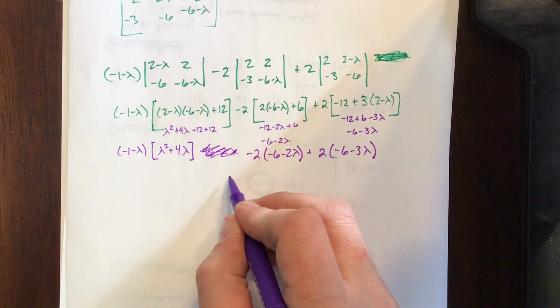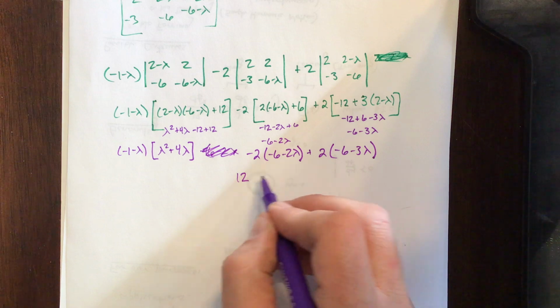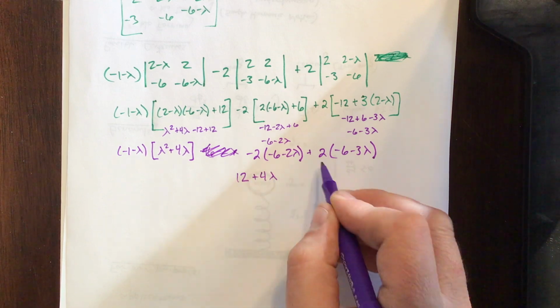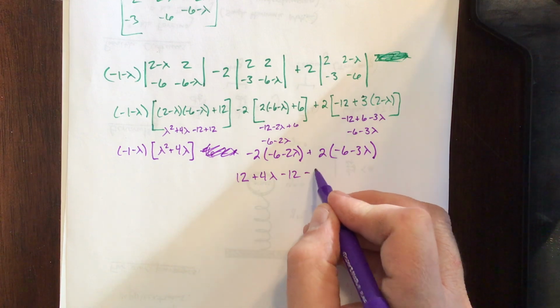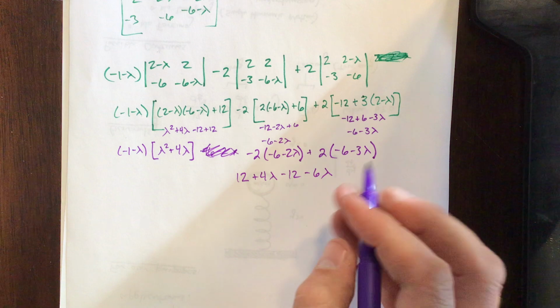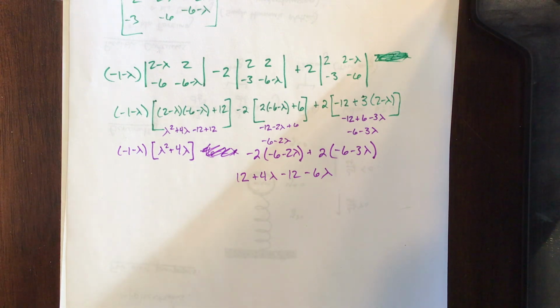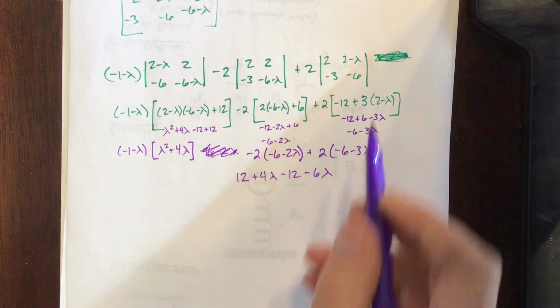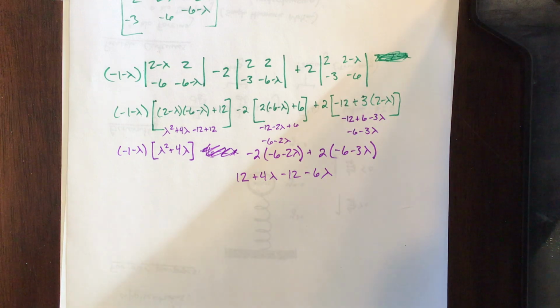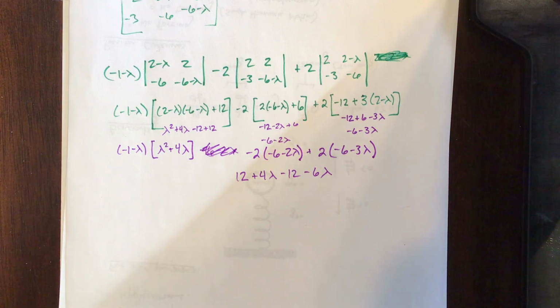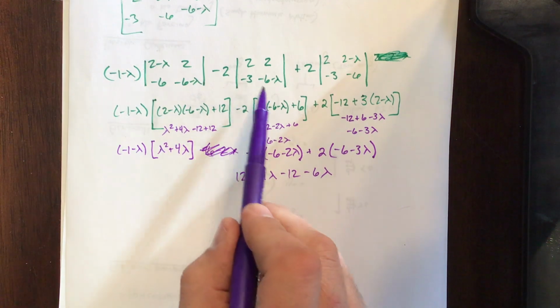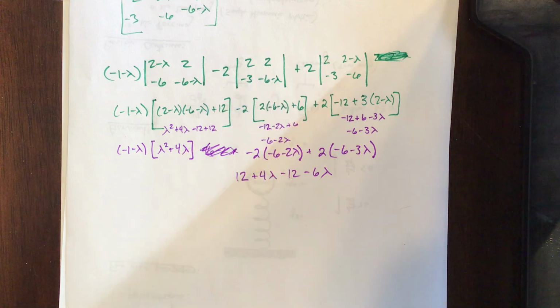So this ends up being, what, 12 plus 4 lambda. This is minus 12 minus 6 lambda. What does this end up being? I'm just checking my arithmetic right here, making sure that everything's fine. I was expecting those to zero out, but maybe they don't. All right, let's just keep going.